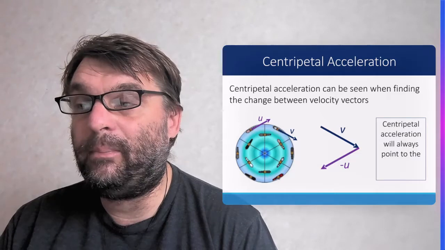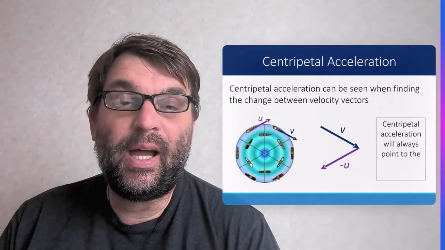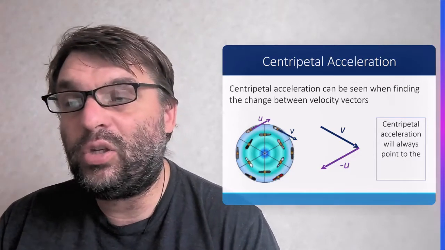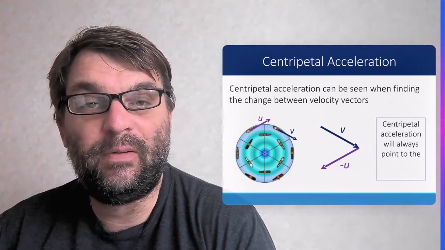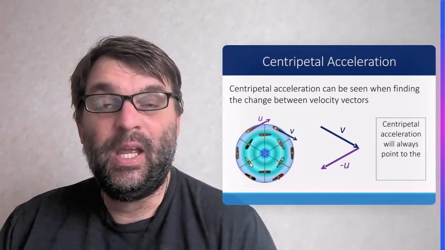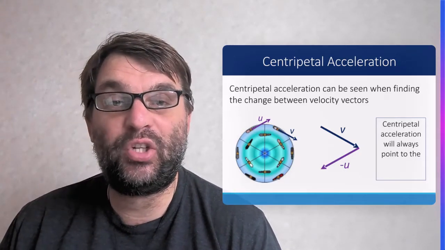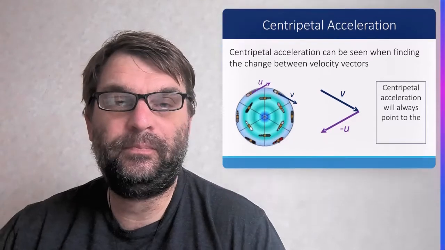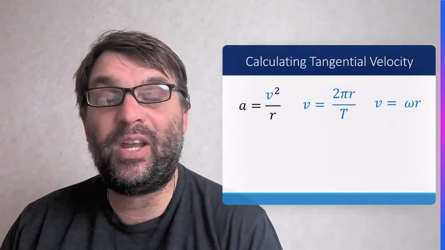You've got the velocity, which is at a tangent, the linear velocity we've already calculated, and the acceleration is always going to be pointing towards the center. It's the changing of the direction of the velocity, not the magnitude. The magnitude stays the same, but the direction changes, and the acceleration is always pointing towards the center.